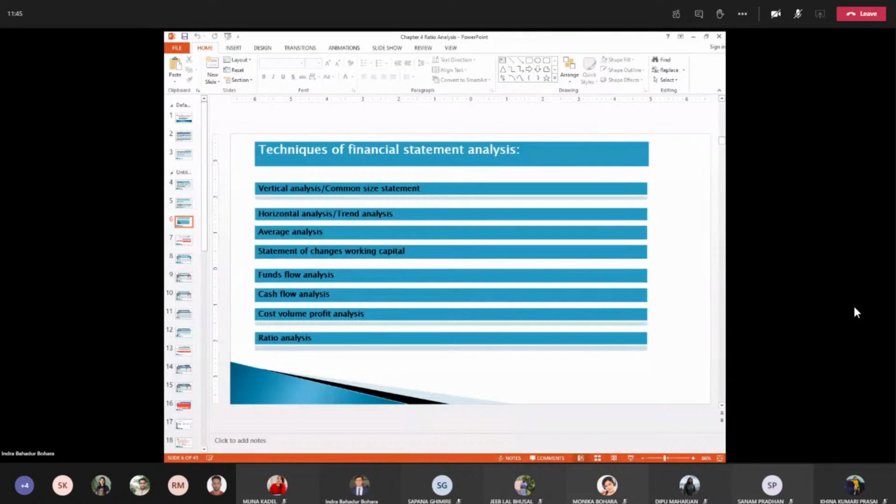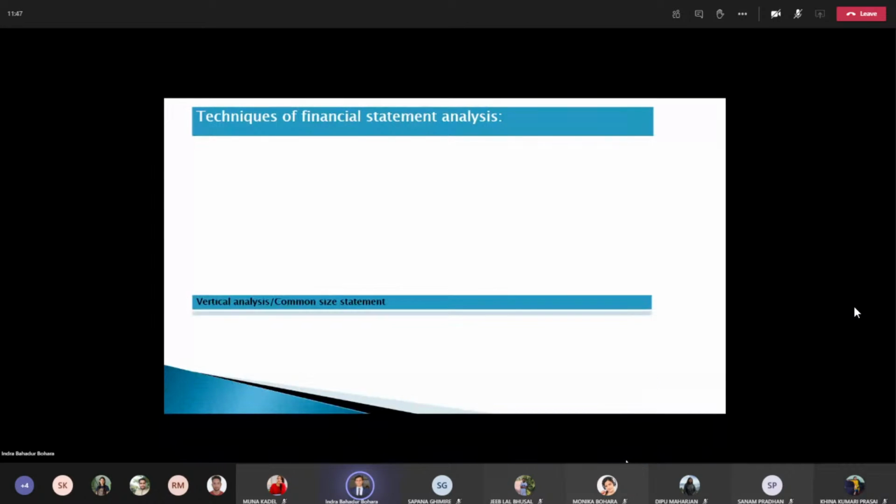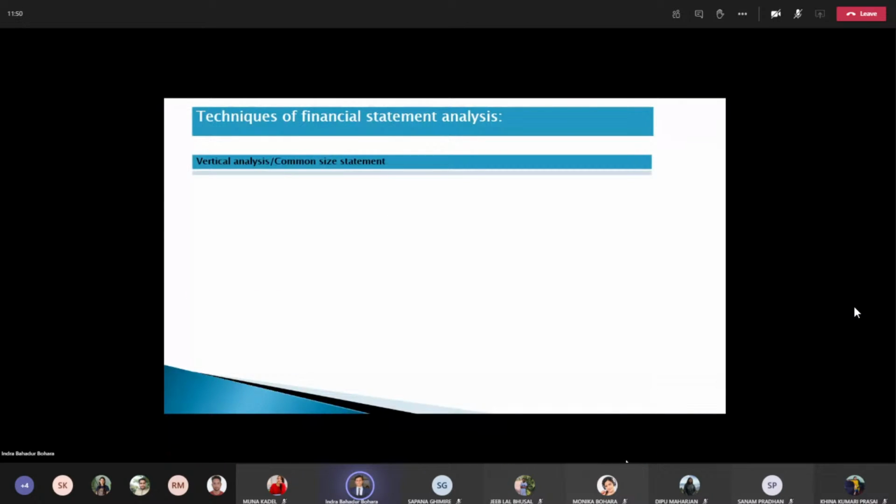Among these different tools of financial statement analysis is vertical analysis, or common size analysis. Under vertical analysis, the percentage of each and every component of financial statements is calculated, assuming sales as 100% in the income statement and total assets as 100% in the balance sheet, and so on.